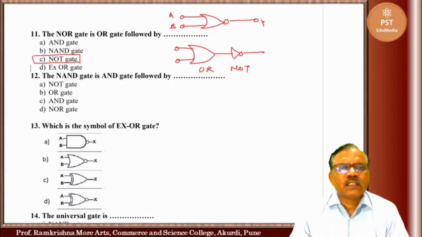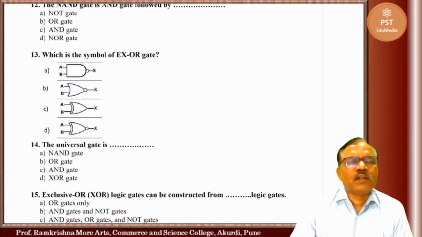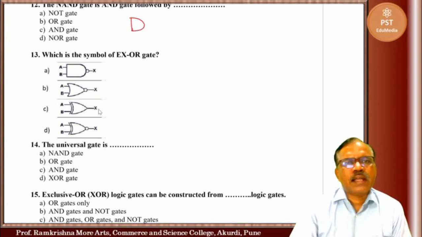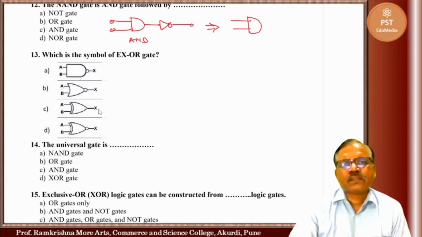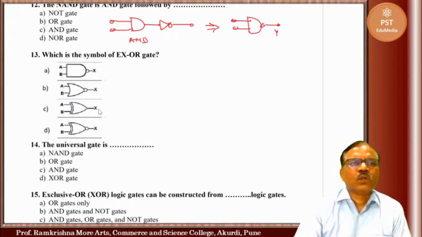Now next one, the NAND gate is AND followed by NOT here again. So here this is AND gate, then we have here NOT gate, this gives you NAND gate. So the NAND gate is AND gate followed by NOT gate.